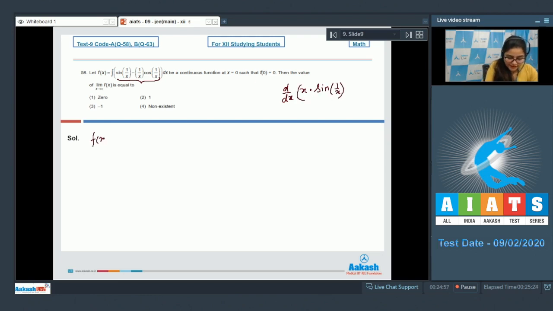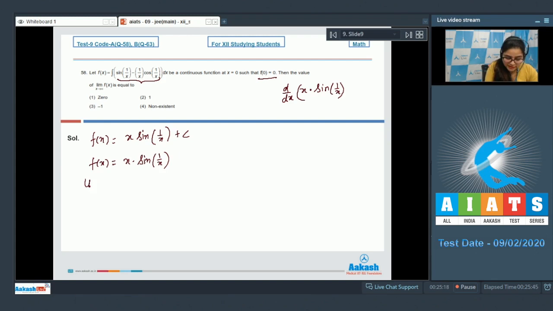So f of x is equal to x sine 1 by x plus c. Now the question is saying f of 0 is 0. So when you replace x equal to 0, you will get f of x is equal to x into sine 1 by x, because c is going to be 0.